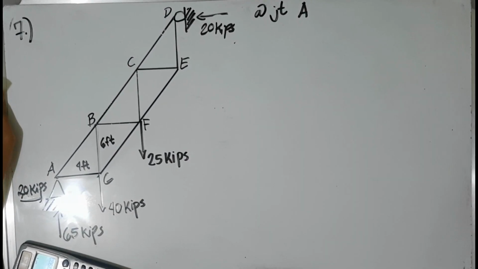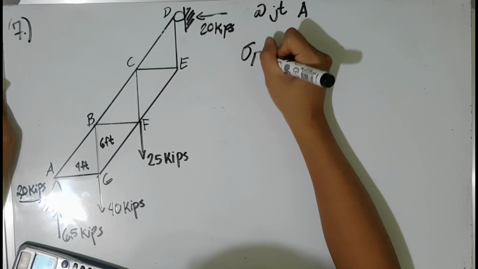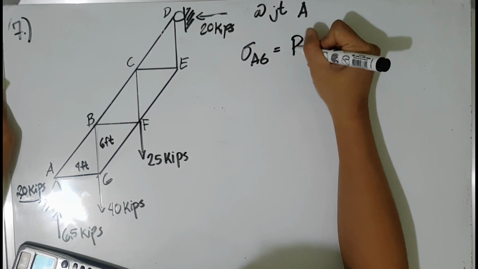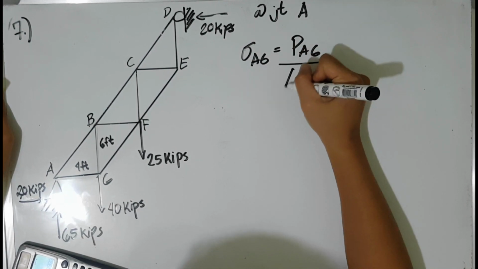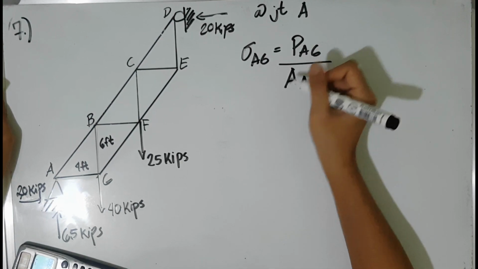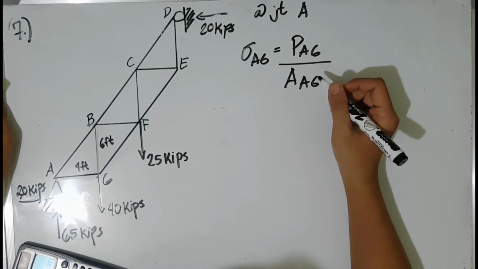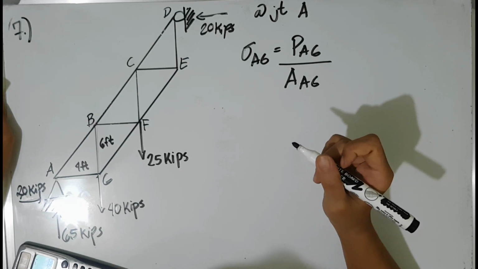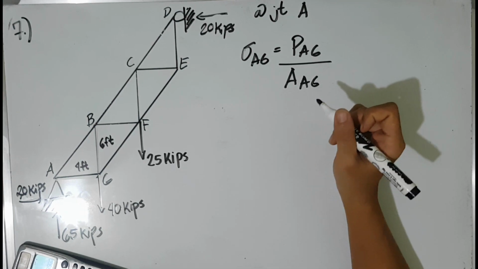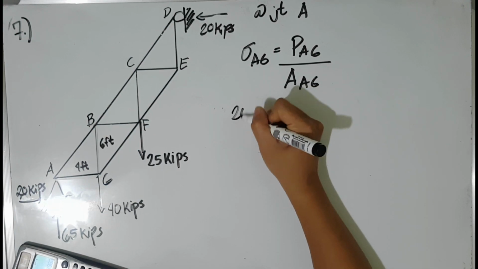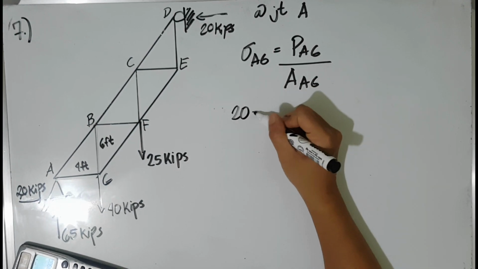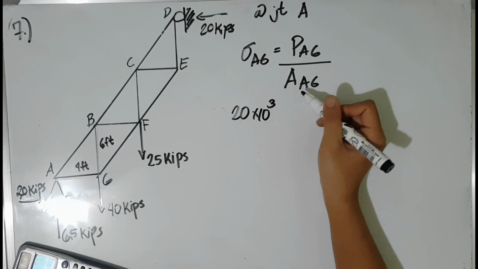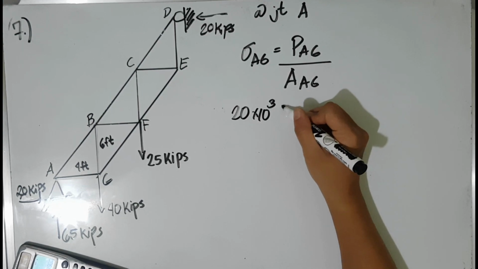So the stress at AG is equal to 20 kilopounds per inches square if it is in tension. So force AG is in tension. We will use 20 KSI.